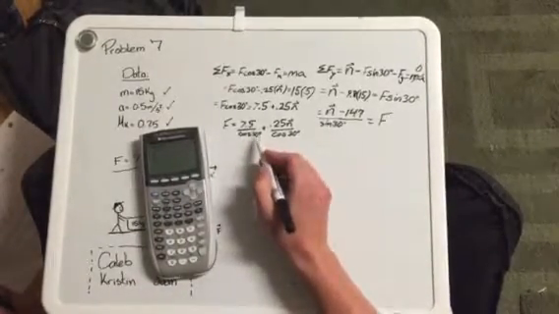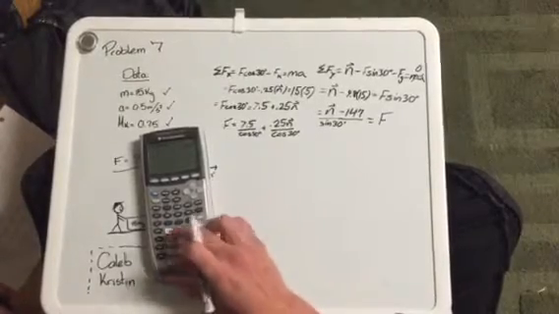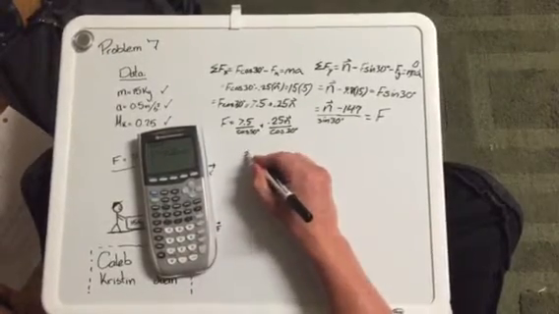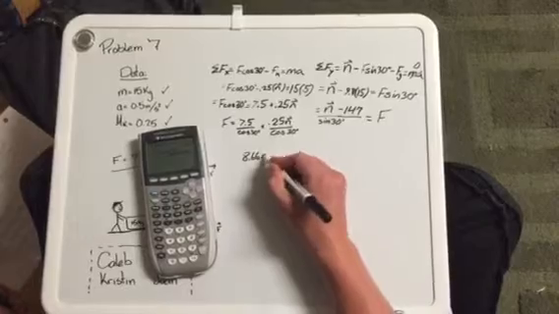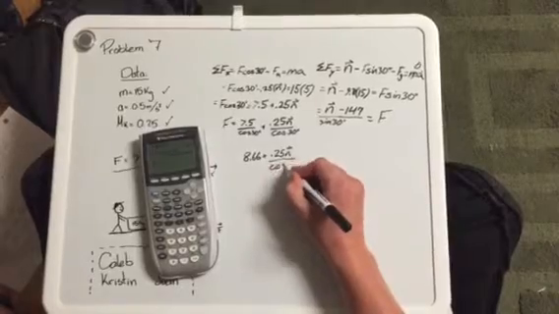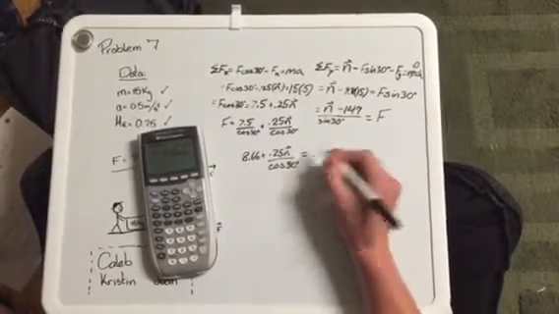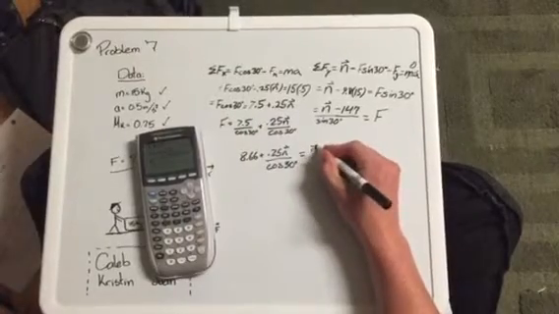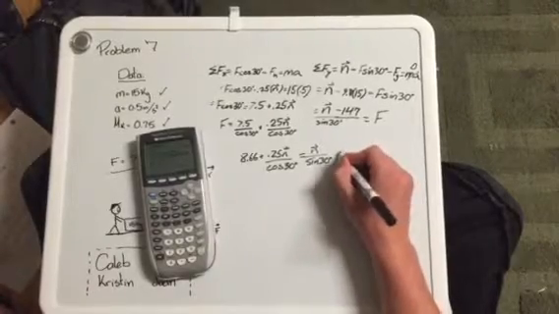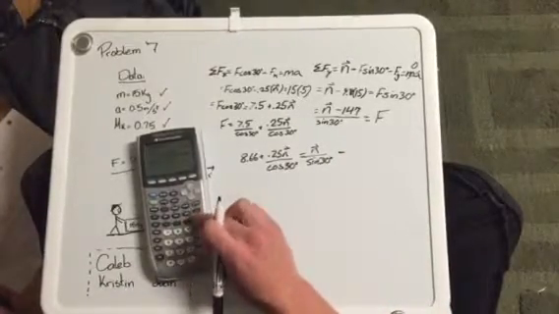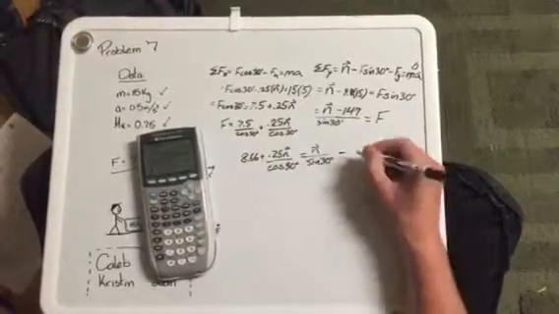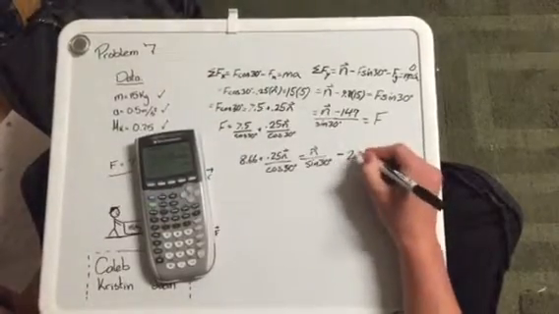So 7.5 divided by cosine equals 8.66 plus, we'll leave this in form for now, set that equal to force normal divided by sine 30 minus 147 divided by sine 30, which is just 0.5, so it's 294.